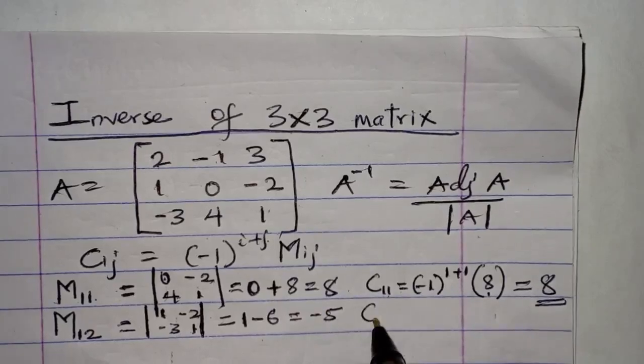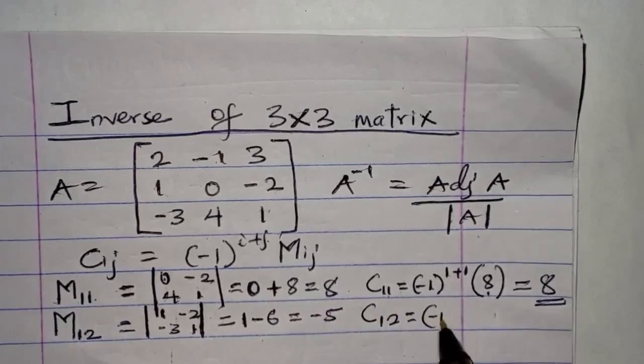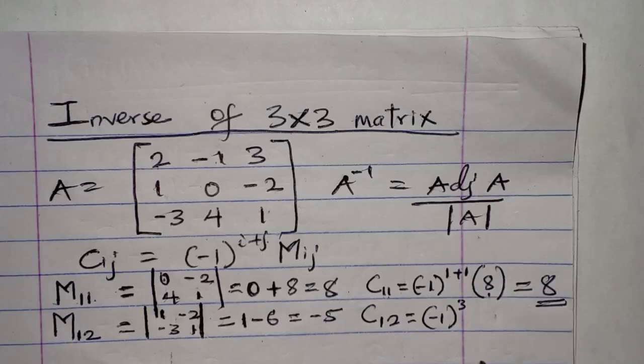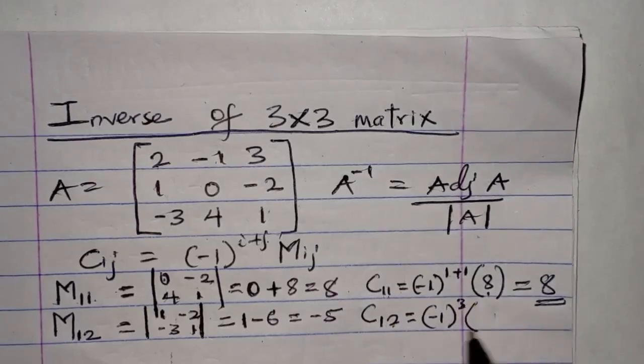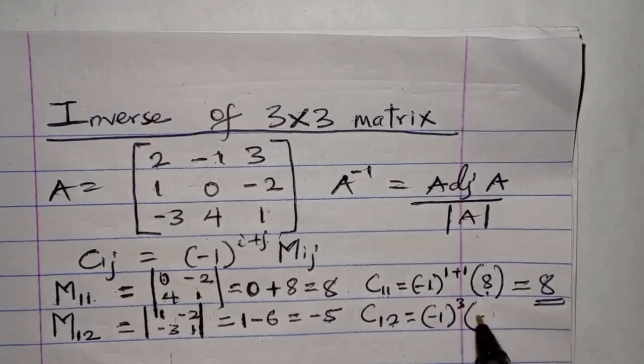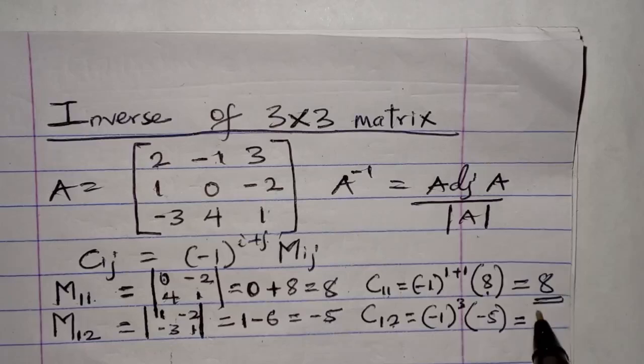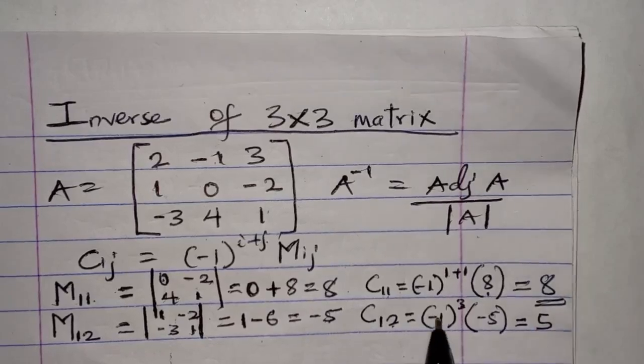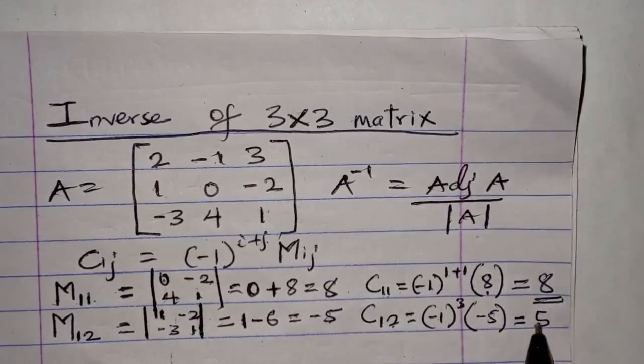The corresponding cofactor of that element, that's C12, is minus 1 to the power of 3, of course, 1 plus 2 is 3, times the minor, which is minus 5. Minus 1 cubed is minus 1, times minus 5 is positive 5.